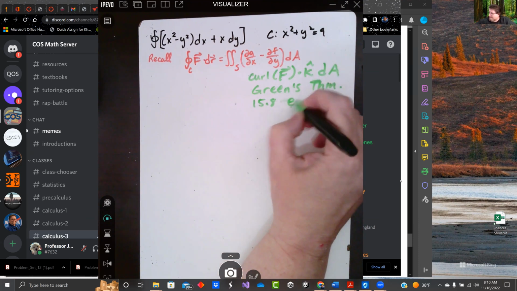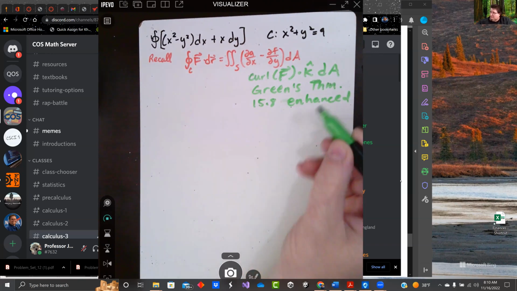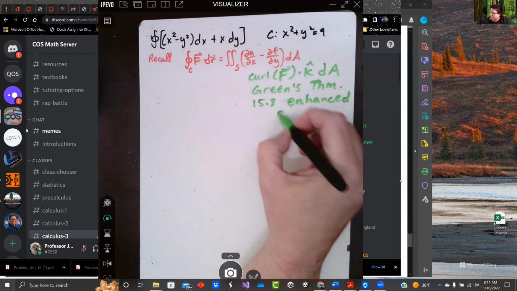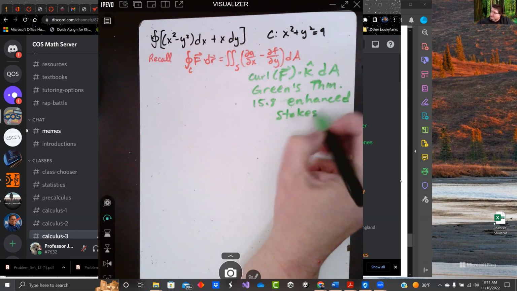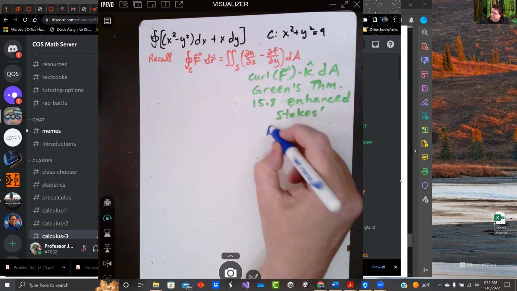The enhanced one is Stokes' theorem. We'll see that at 15.8, but it's the same format. Green's theorem dots the curl of F with k, the k vector, which is 0, 0, 1.